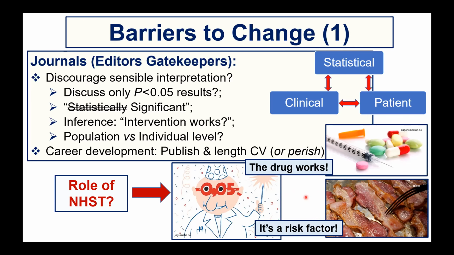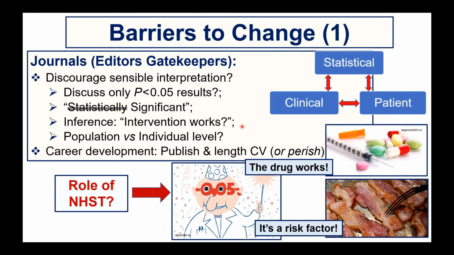It works in perhaps a majority of people, well, sometimes a majority of people. And you and I know that some people eat bacon and they don't get colon cancer, and some people get colon cancer and they don't even eat bacon. And I feel as if dropping the word statistically significant has an impact upon the inferences we make, particularly whether they be at the population or the individual level.